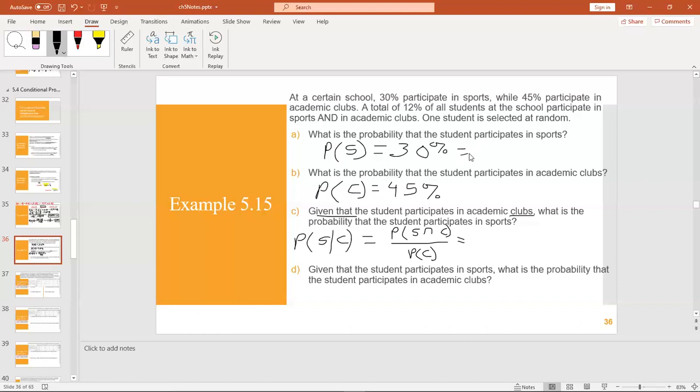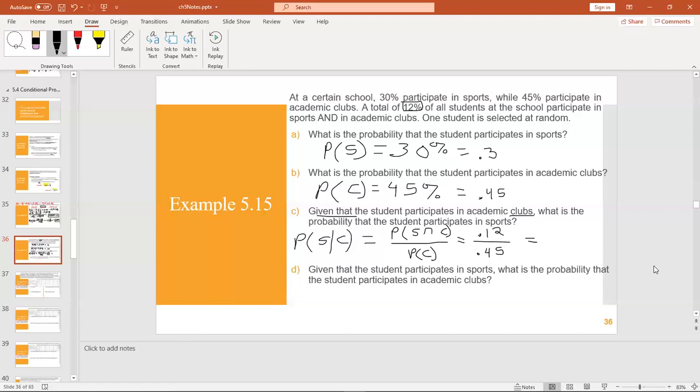And probably what will be better is if we do the decimal versions of these. This is 0.3, this is 0.45. So sports and clubs, that's 12%. 12% is another way of saying 0.12. And then the probability of clubs, we found that before, that's 0.45.